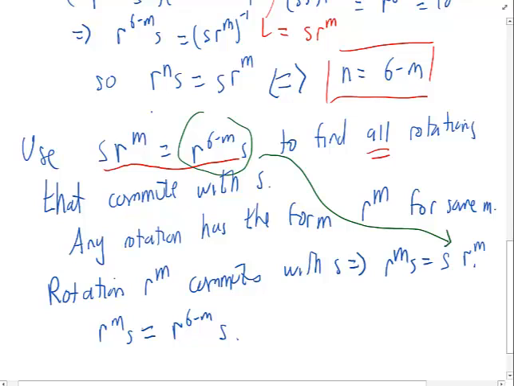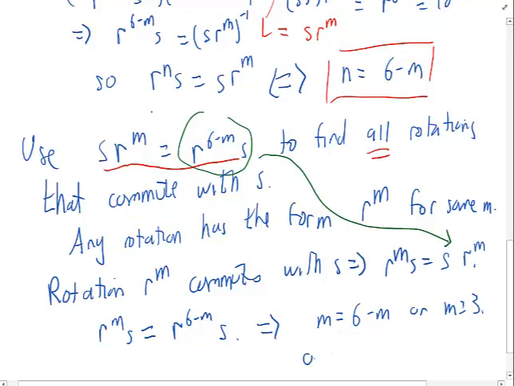Now, when can that happen? You could say that m is equal to 6 minus m, which gives me m equals 3. Now there's another option also, because r to the 6 is identity.